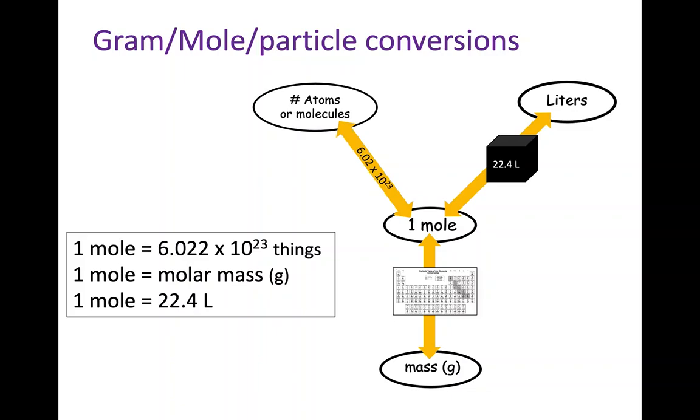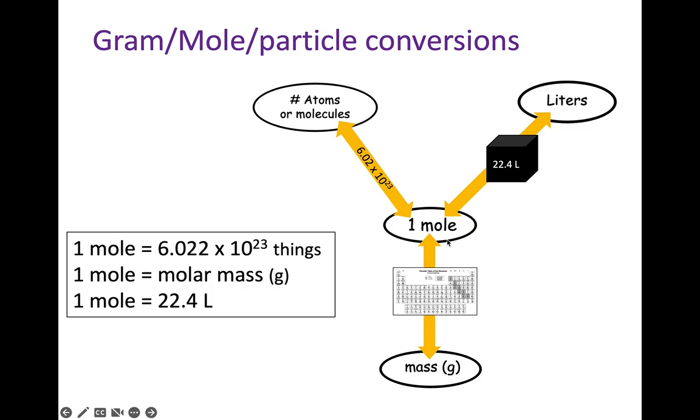If you remember back in the fall, so many months ago, we did some gram-mole particle conversions, and we had this chart here where you could convert the mass of an object using its average atomic mass off the periodic table, the formula mass, to convert to how many moles you have.